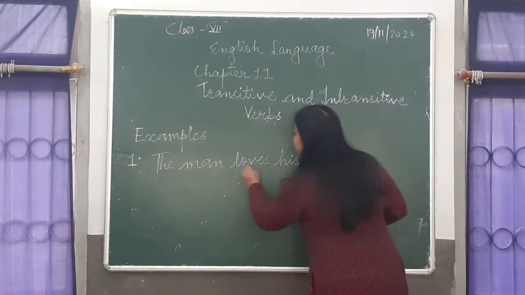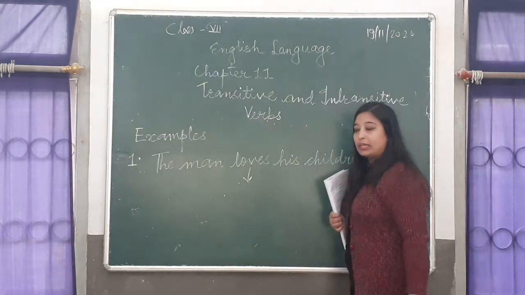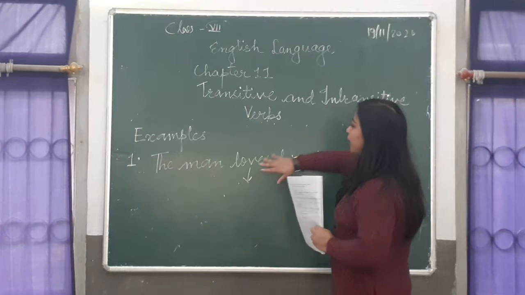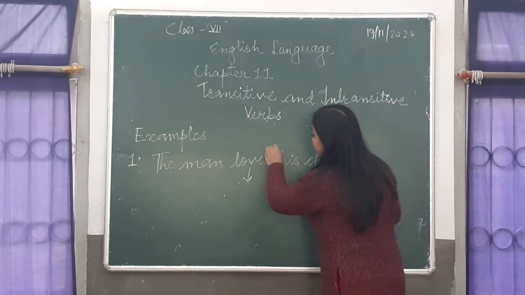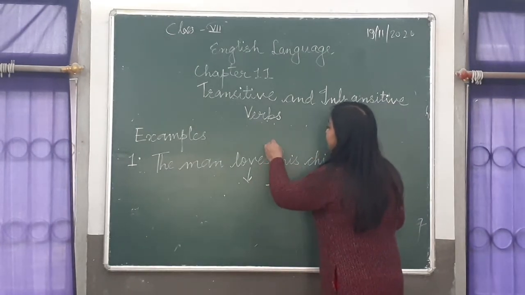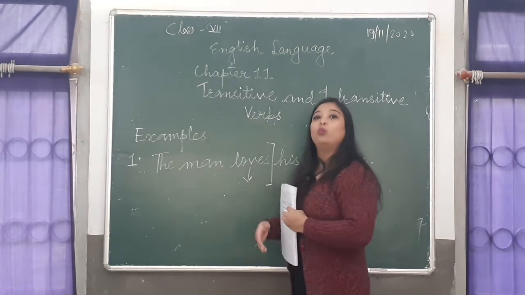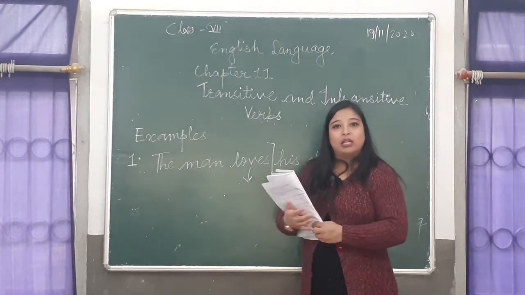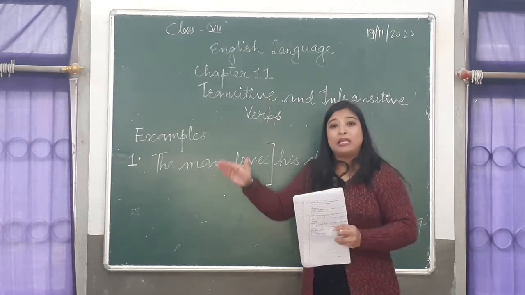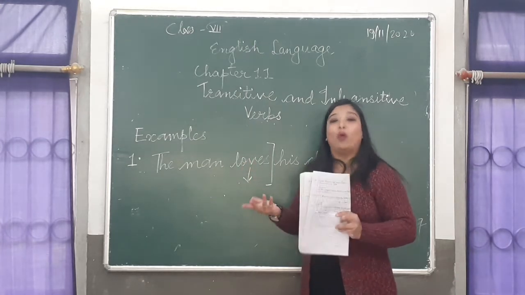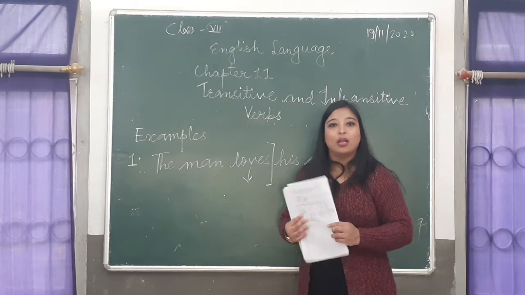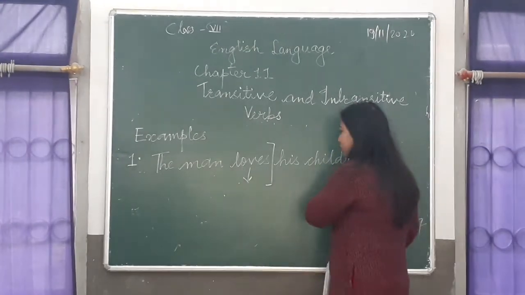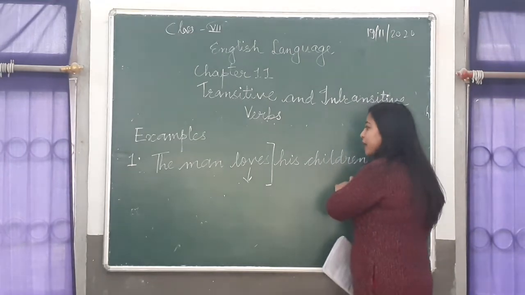Over here, loves is an action word, isn't it? But if I simply hide this part and read the sentence, the man loves what? It is an incomplete sentence, isn't it? So it has to be completed by an object. The man loves what? His children. This is the direct object.